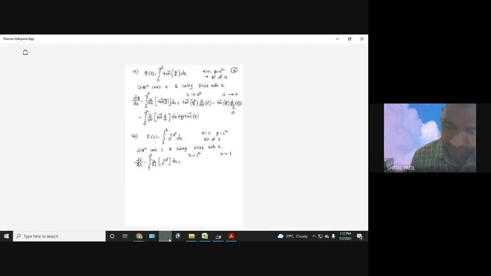X is to be replaced by t square. So e raised to t raised to 5, na? Already t is there and x equal to t square, so t raised to 4. X is to be replaced by t. No change in the first term.